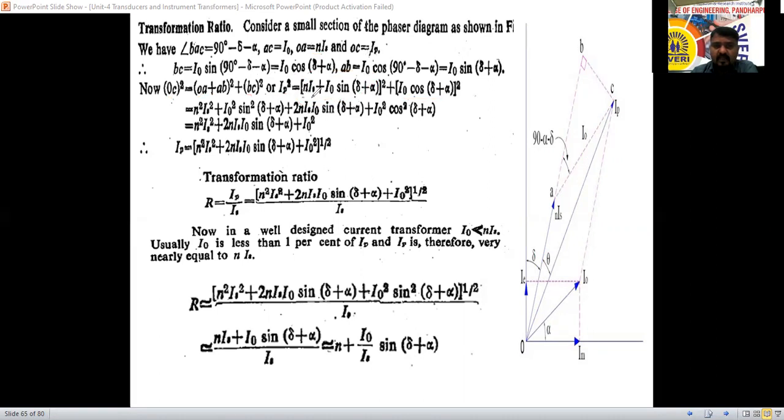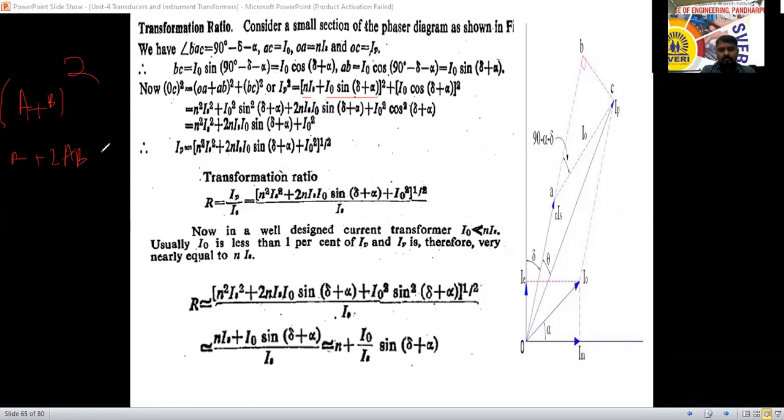This one NS plus I naught sine delta, that whole square is there. So A plus B whole square, what is the formula? A square plus 2AB plus B square. Yes.